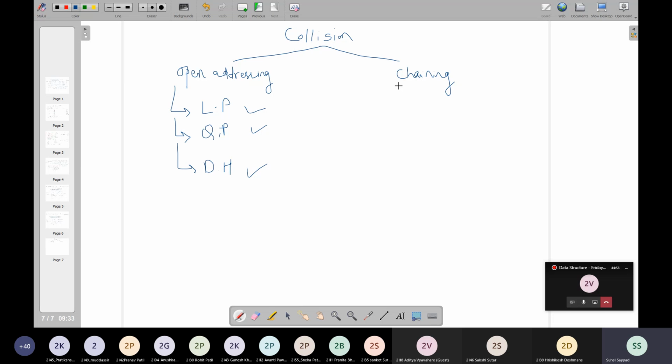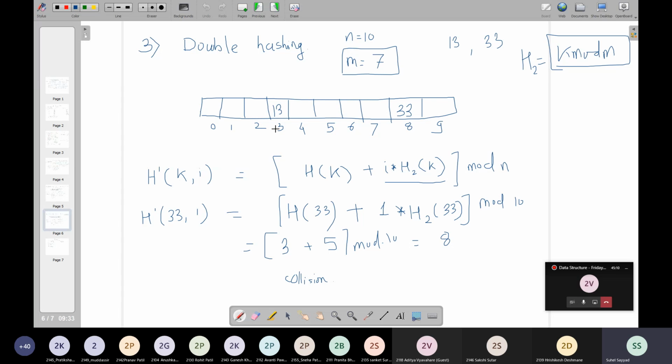Now let us discuss the second type of collision resolution technique, that is chaining. See, my dear students, whatever techniques we have seen in open addressing, all these techniques, if I get a new key number, I can store that new number because the space is still available.